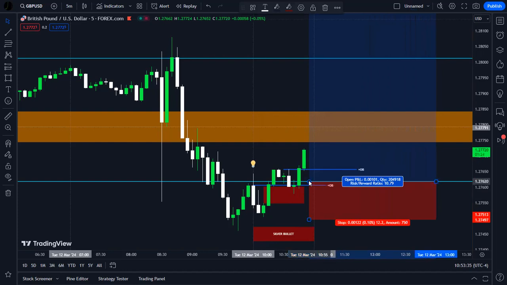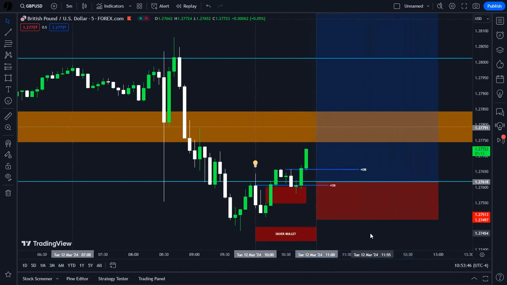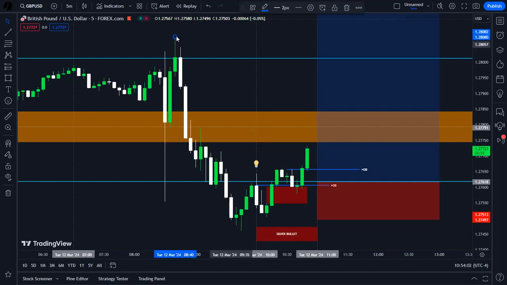We can extend this session to London close, which is between 11 and 12. Actually, London close is at 12. So we can extend our session to that so that we can see delivery in price. But majorly, I'm looking up here. This CPI high has a lot of liquidity up here. This is my first objective, and a breach above here. I want to see us rally towards the midnight opening price and above.